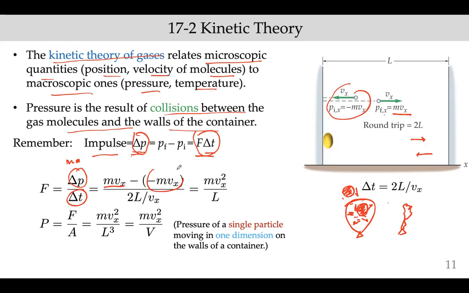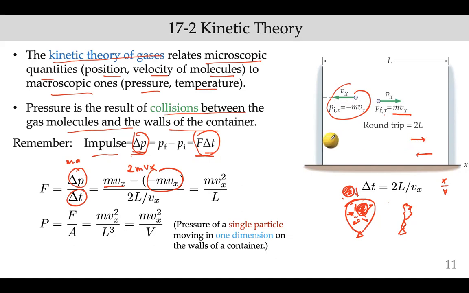So it's negative mvx. Now from here, what we have is 2mvx. Now we're going to divide it by the time for one collision. So time is x divided by v.